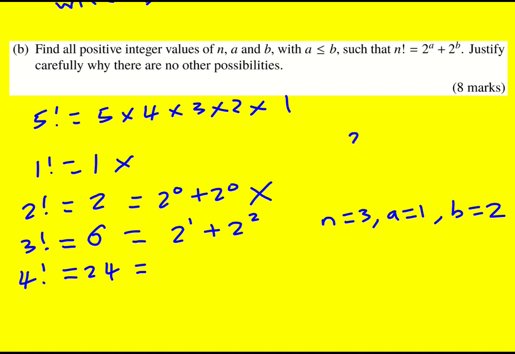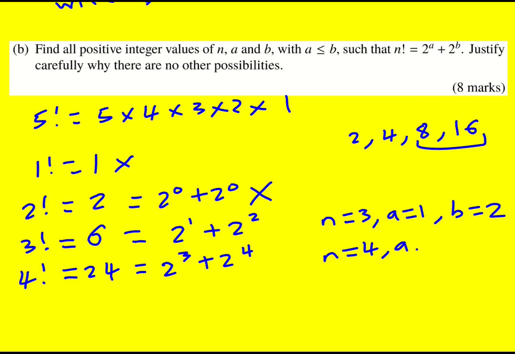So then I've got 2, 4, 8, 16. That is again going to be possible if I do 8 plus 16. So it's going to be 2 to the 3 plus 2 to the 4. n equals 4, a equals 3, and b equals 4 is another solution.